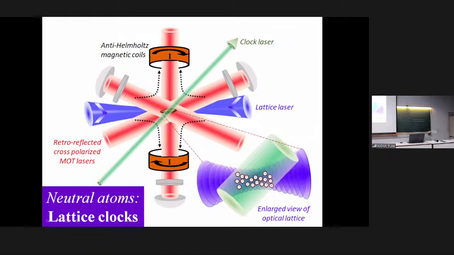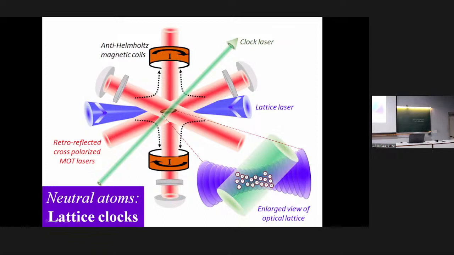If you just think about the carton, not the eggs, you can create a potential which looks like this egg carton, a two-dimensional array of periodic potentials. And the eggs are your neutral atoms. If you place them, they will sit at the minimum of each of these potentials. So using laser beams, you can create such a structure in the lab.